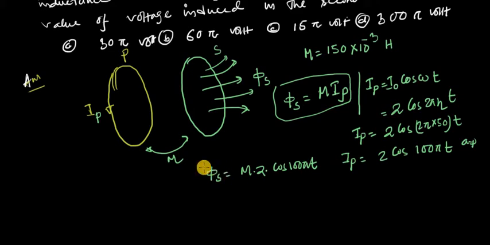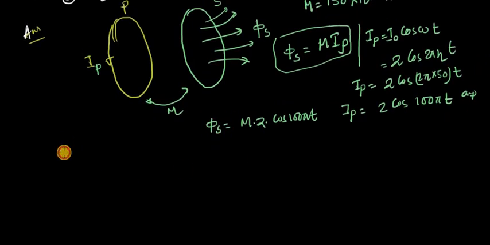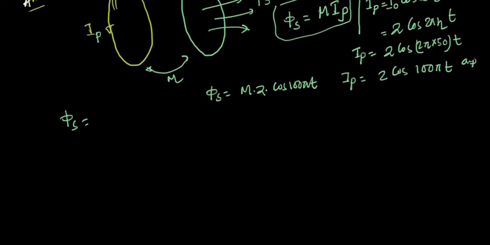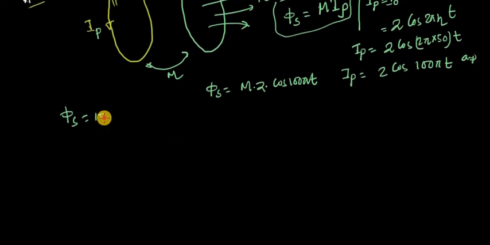This is our phi s, and if we substitute the value of M, which is 150 times 10 to the power minus 3, it becomes 150 times 10 to the power minus 3 into 2 cos 100 pi t.